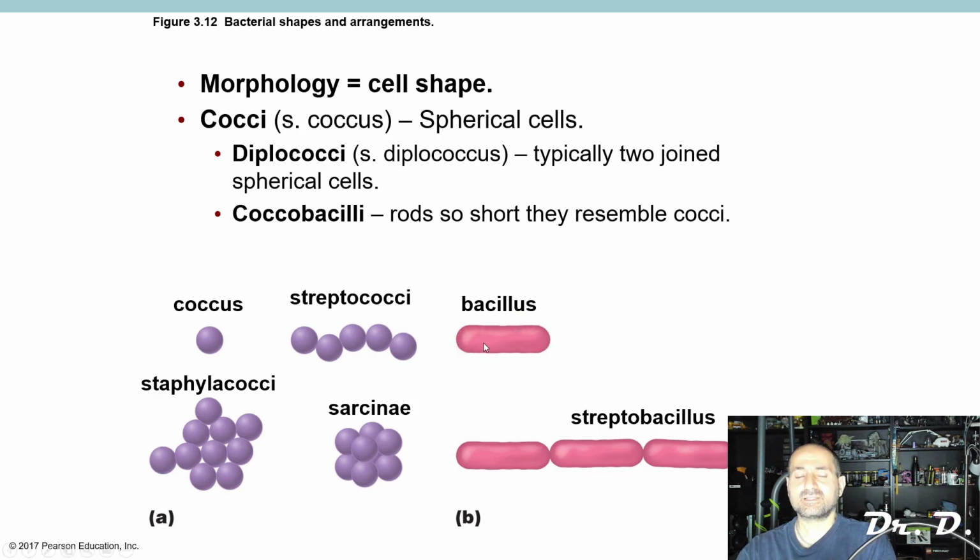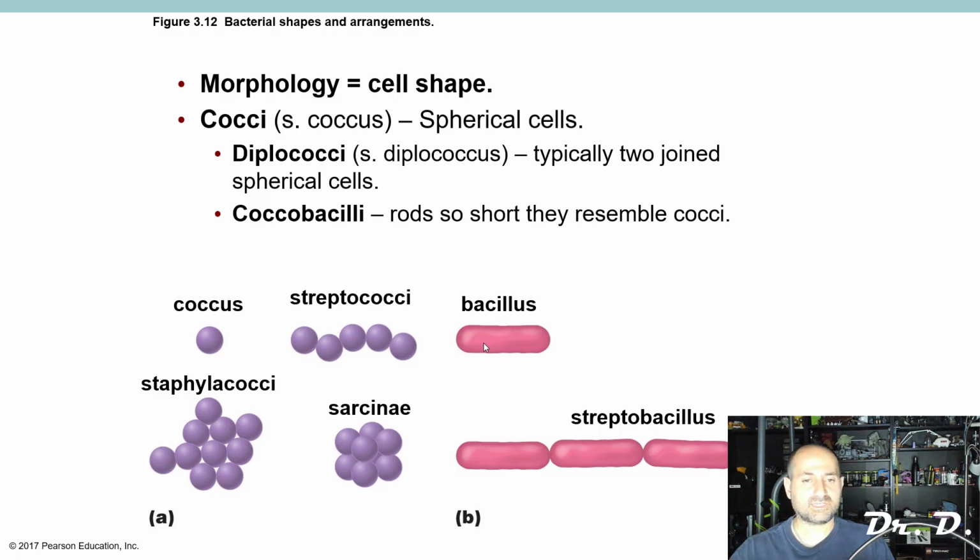And that refers to shape. I need you to understand that when we're talking about bacteria, there's a difference between shape and arrangement, okay? Arrangement.